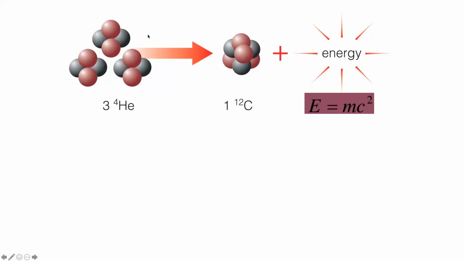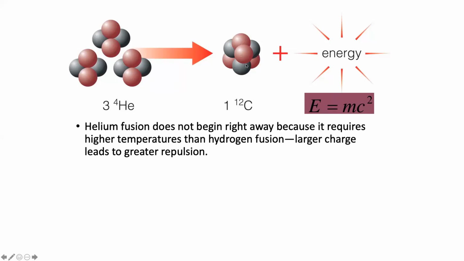And this process, just like the proton-proton chain reaction, releases energy proportional to a certain amount of mass that is converted. But this doesn't happen right away, and I'll talk about what that process looks like in a little bit.